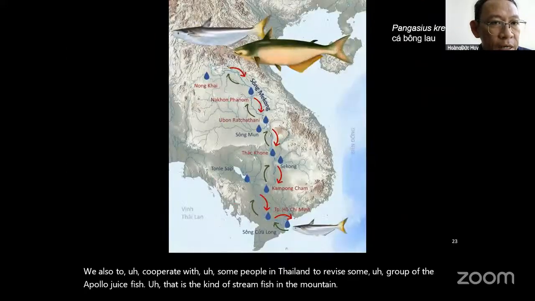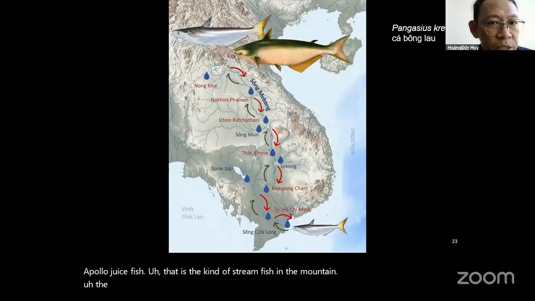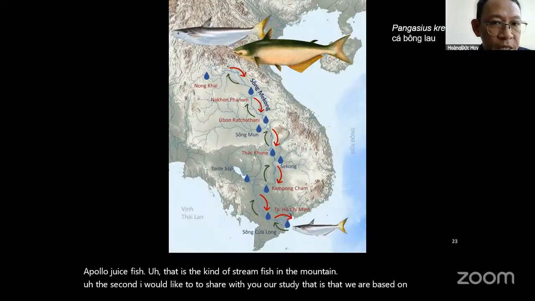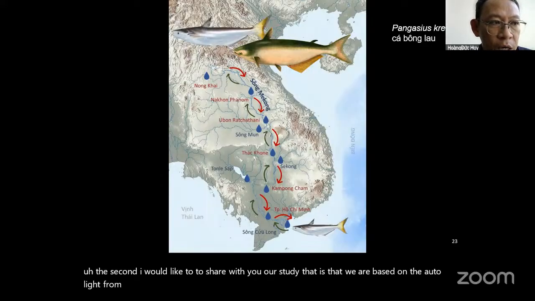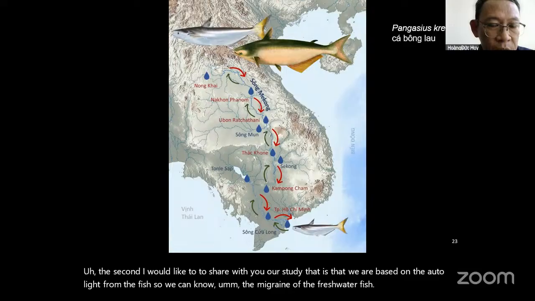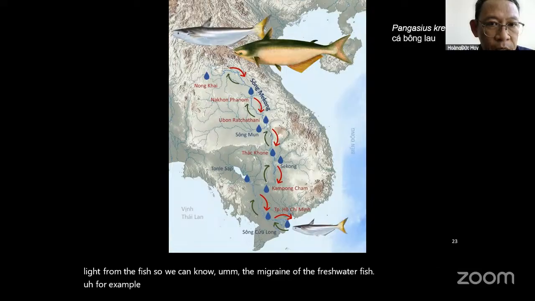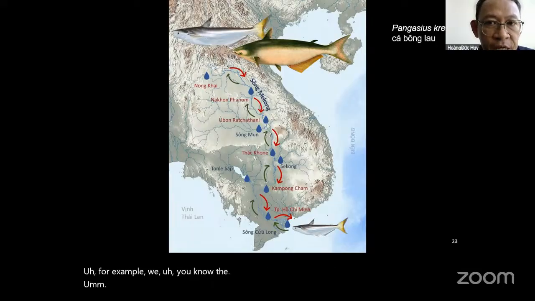The second study I would like to share with you is based on the otolith from the fish, so we can know the migration of freshwater fish. For example, the shark catfish. In Vietnam we say cá bông lau.